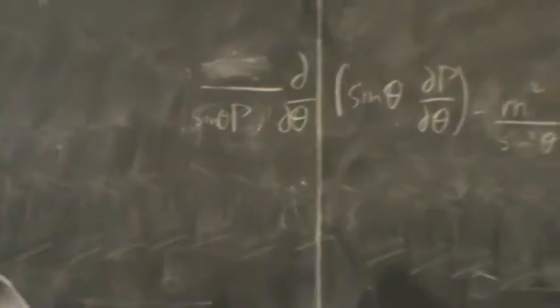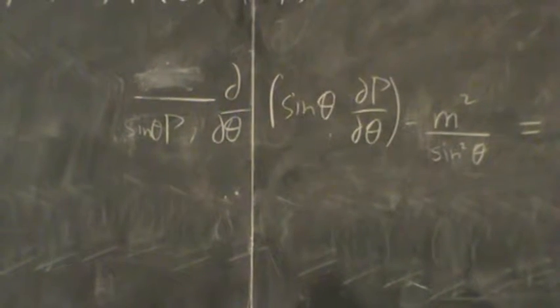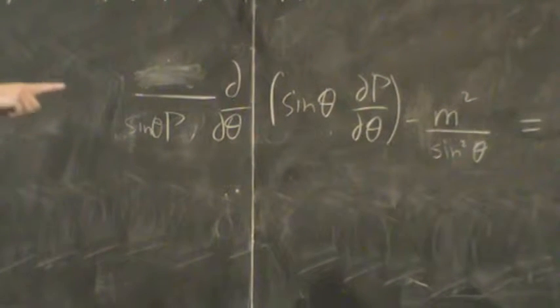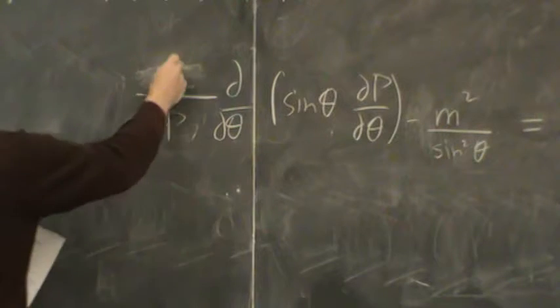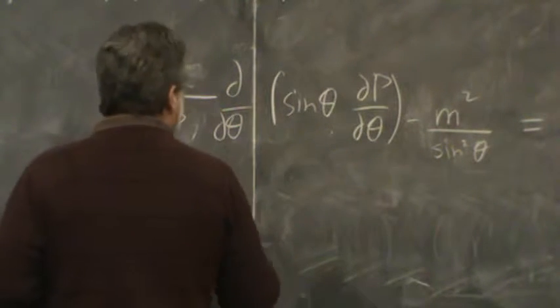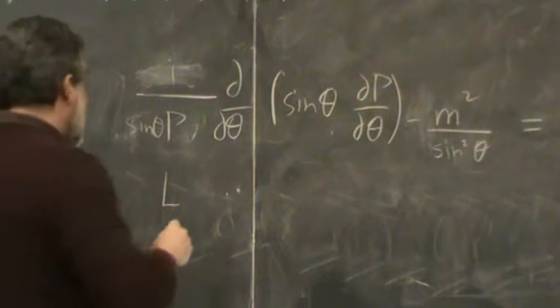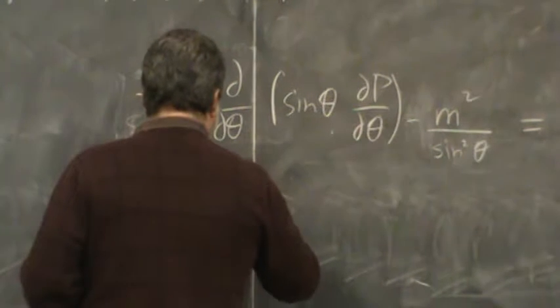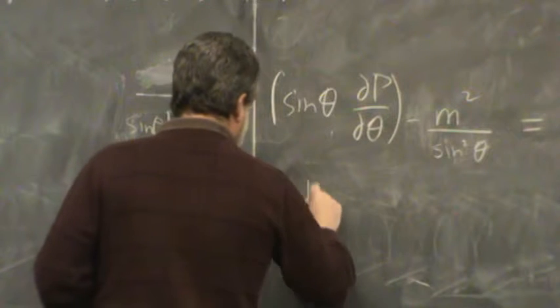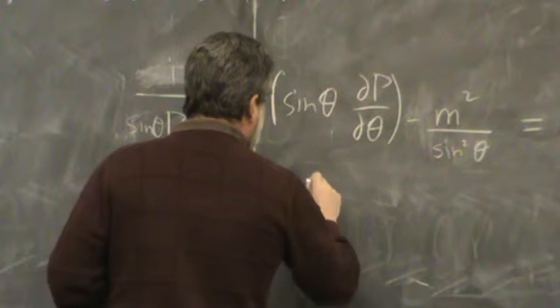Now I'm left with this thing here. This thing here is hard to solve, and so it has a name. It's the Legendre equation.